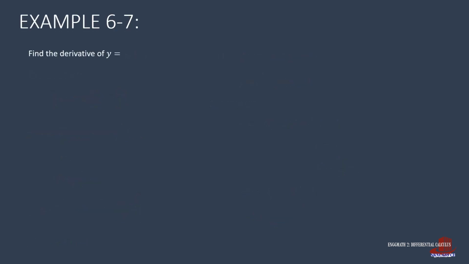The next example has the function y is equal to ln cube of x. The function can also be written as the cube of ln x, and with the cube, we use power rule where y prime is 3 times ln of x raised to 3 minus 1, and this is multiplied by the derivative of ln of x.